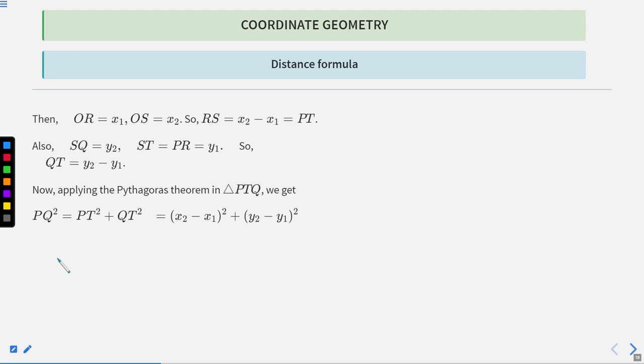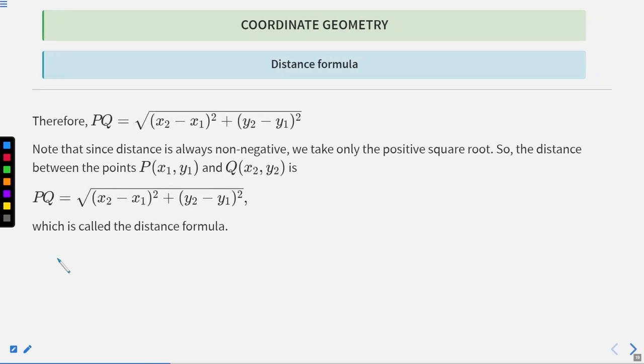And now therefore the distance between P and Q, that is PQ, is equal to square root of x2 minus x1 whole square plus y2 minus y1 whole square. Okay, so here note it down that since distance is always non-negative, here we take only the positive square root.